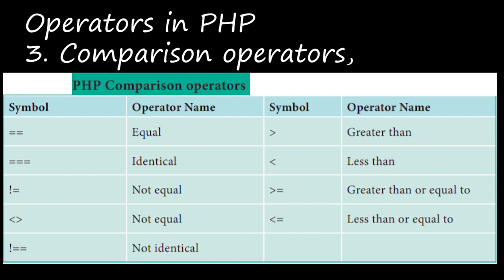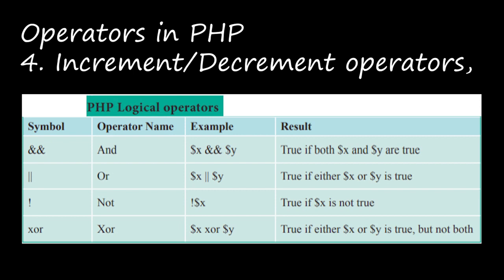The next one is increment and decrement operators. Increment means plus plus. Plus plus x is pre-increment, and x plus plus is post-increment. Pre-increment means first the value is incremented and then the incremented value is returned. Post-increment means first it returns the value and then increments it by 1.